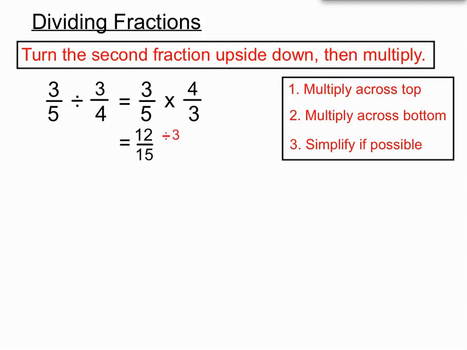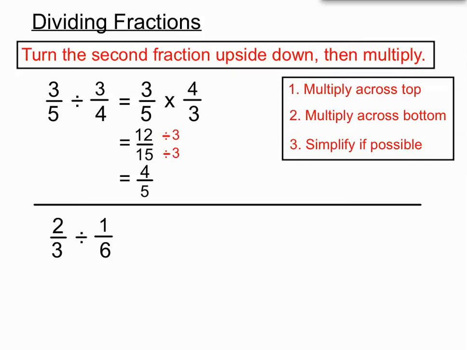So we'll divide 3 into the top and 3 into the bottom. 12 divided by 3 is a 4 on the top, and 15 divided by 3 is 5 on the bottom. So we've divided by 3/4, but we actually ended up multiplying by its reciprocal, we say. When we turn a fraction upside down, we create a reciprocal.